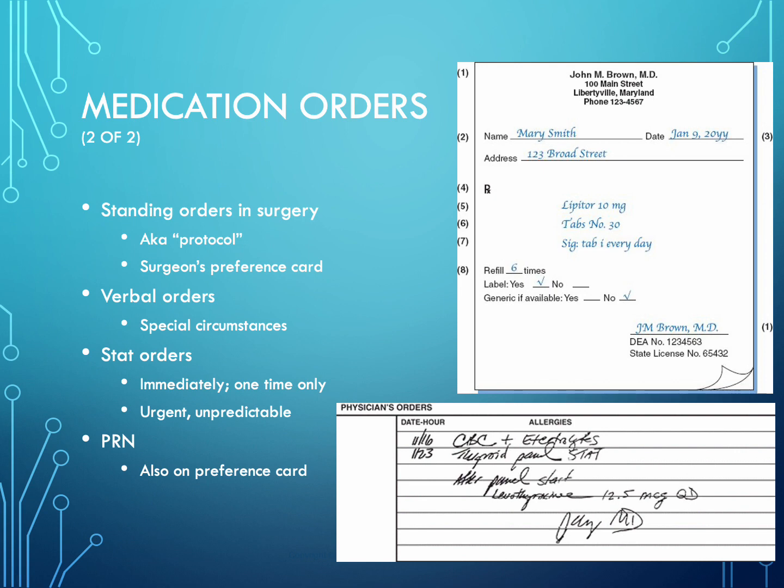As such, all medications are going to be listed on the preference card, and they should be ready on the back table as a standard part of the setup for that procedure.